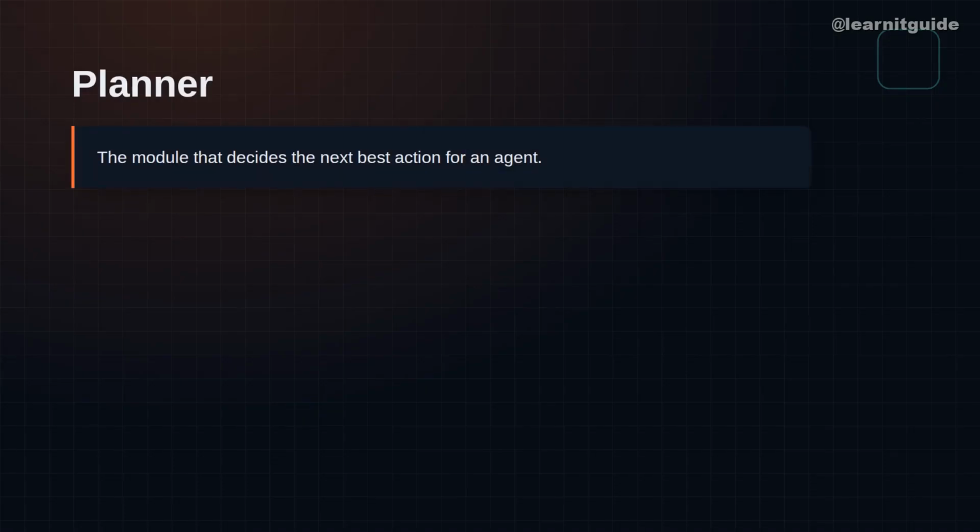With those tools and memory in place, the agent relies on a planner module, which acts as the decision-making engine to determine the next best action. Finally, once that plan is set, the executor takes over as the part of the agent responsible for actually performing the chosen tasks or executing the tool calls.